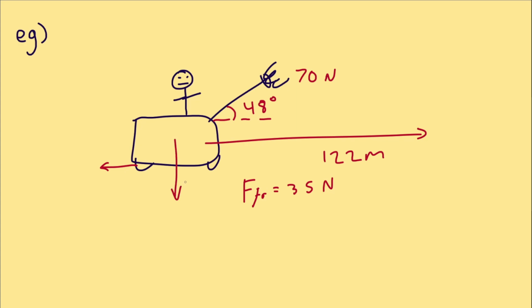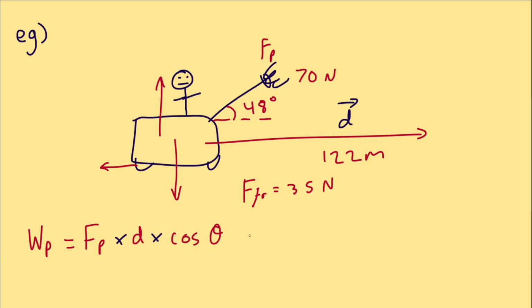First, there's gravity and the normal force, but they're doing zero work because they are perpendicular to the displacement. What about the amount of work being done by the pull of the father? Let's solve this. The work done by the pull, which we'll label WP, is the force of the pull times displacement times cosine of the angle.